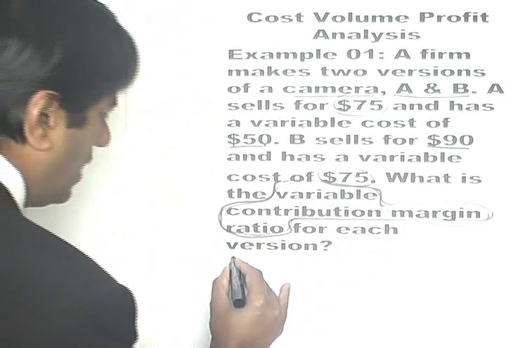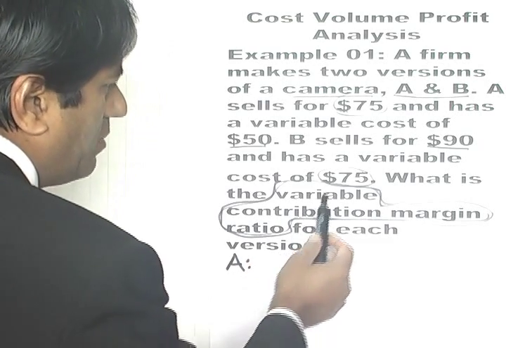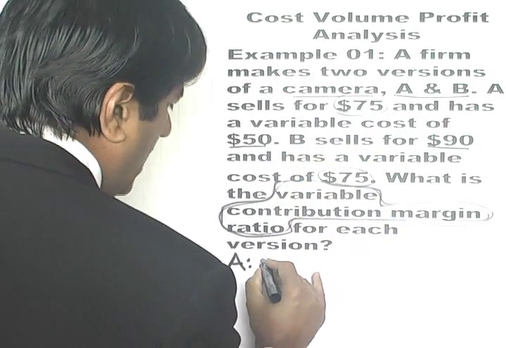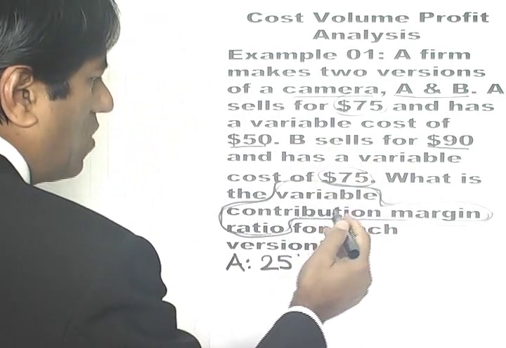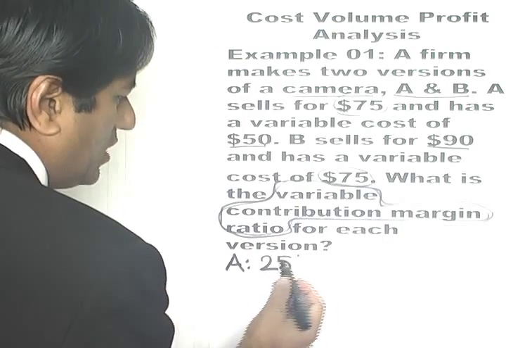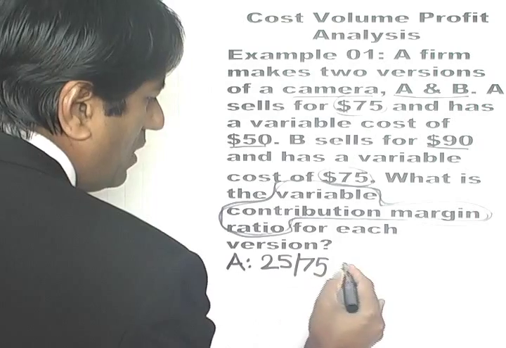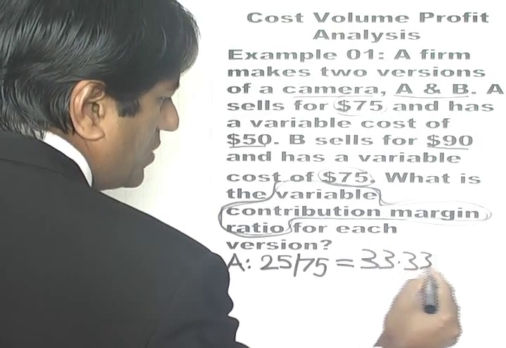So for A, the variable contribution margin is 75 minus 50, so that's 25. And for the ratio, you divide the variable contribution margin, 25, by the price, 75, so the ratio is 33.33%.